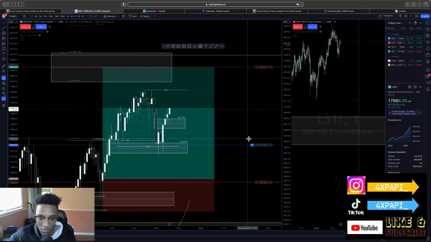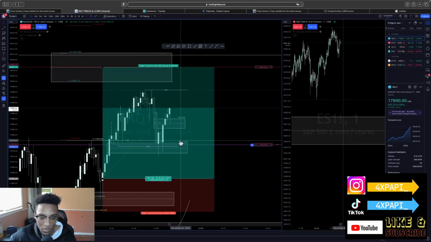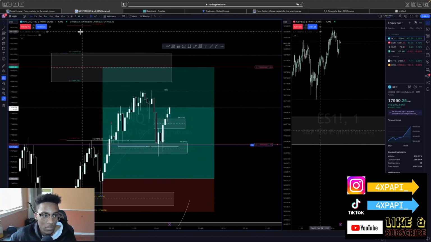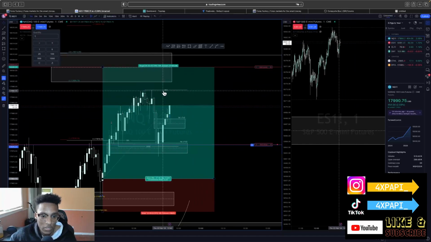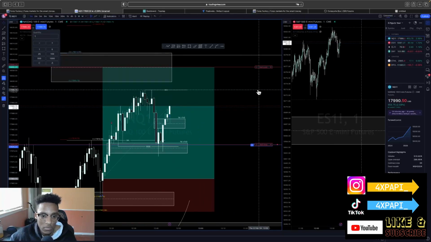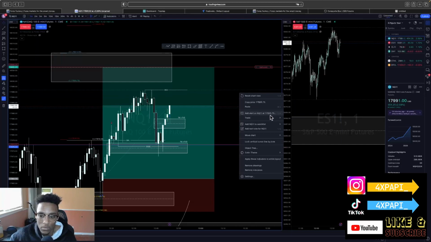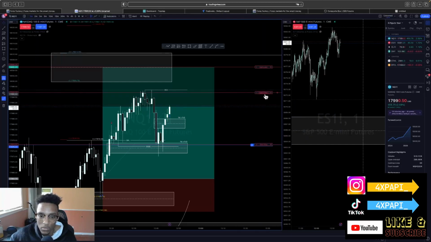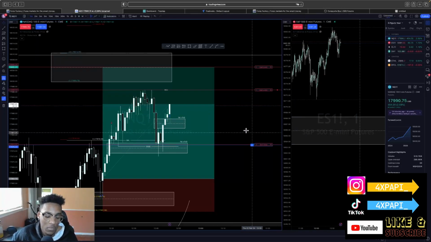Now I just added my position, so I'm back in 2 contracts. Stop still at break even. Relative equal highs right here. Let's see.